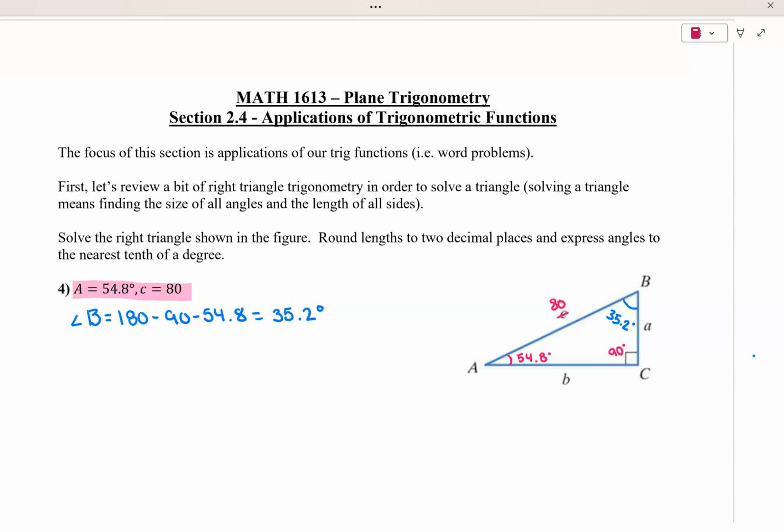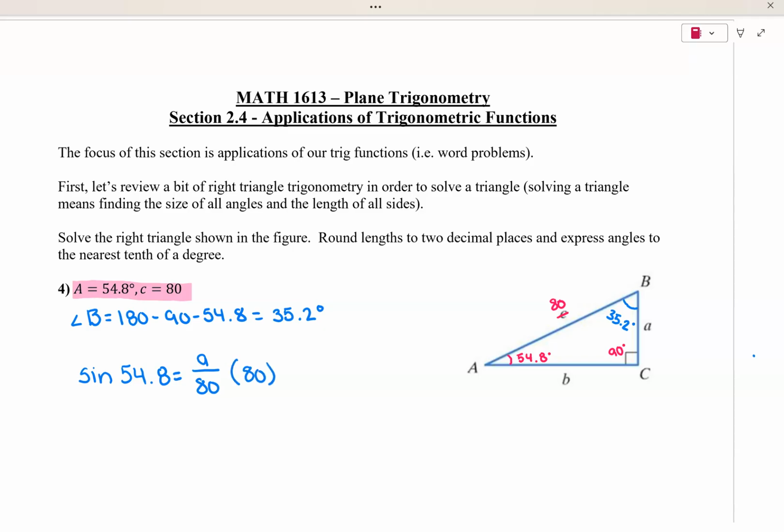I personally like to try to use things that were given to us, because when we find things, we typically have to round, and I want to make sure that there's no type of error. So I'm going to be looking at sine of angle A, which is 54.8. Remember that is opposite, which is going to be A over 80. Now remember, when the 80 is on bottom, you can think of this two different ways.